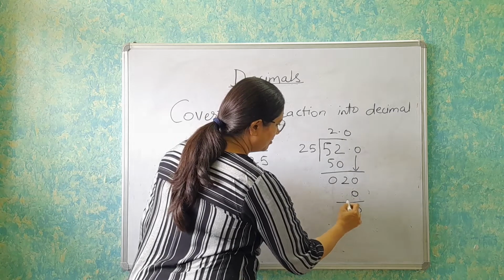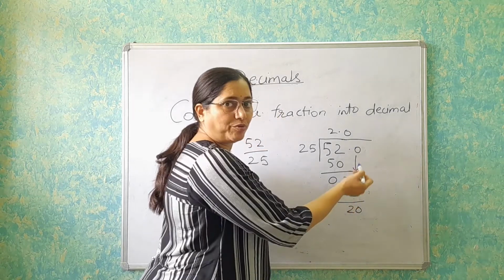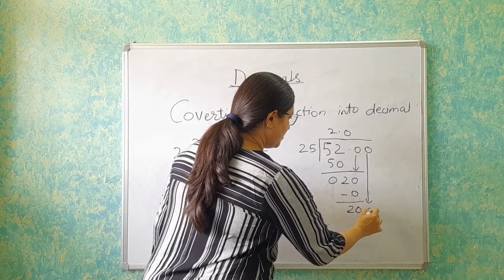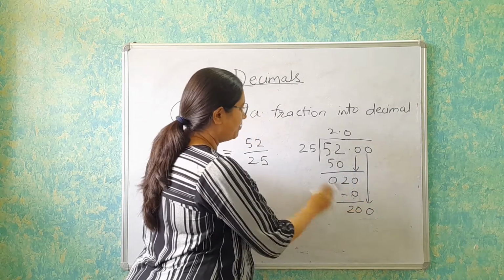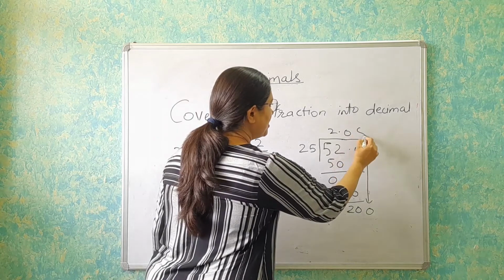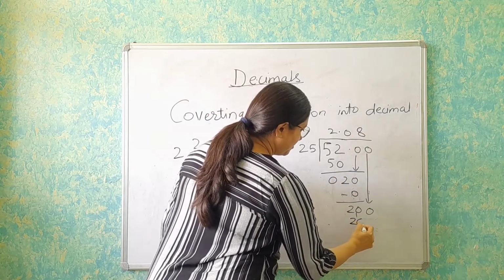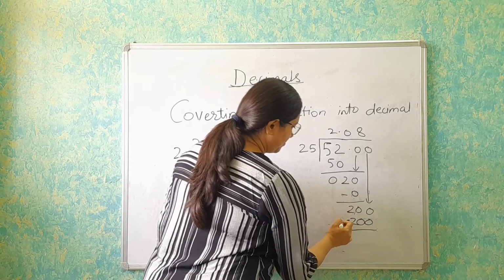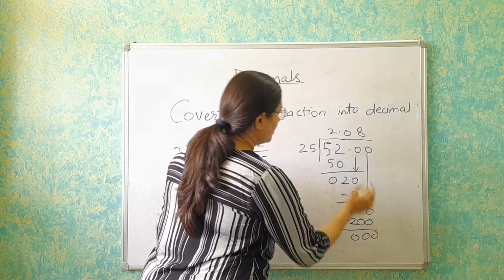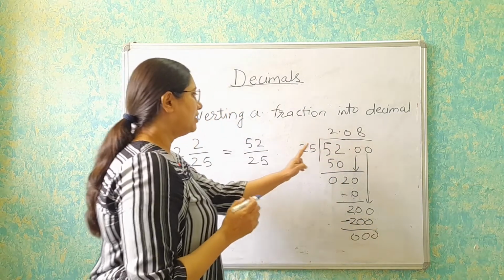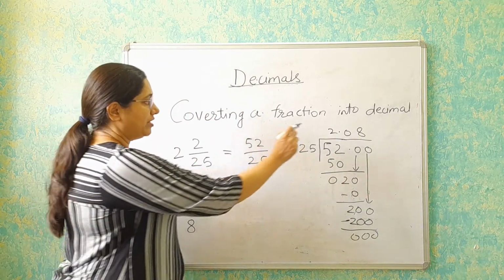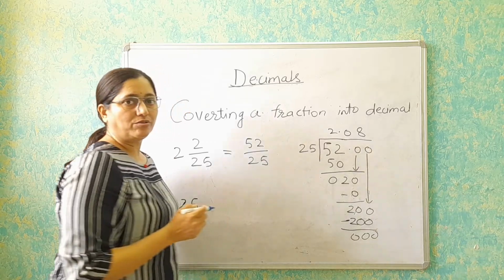Again it is 20. Now we can put one more 0. Now this number becomes 200, and 25 8s are 200. So in this way we can convert a mixed fraction into a decimal number, and our answer is 2.08.